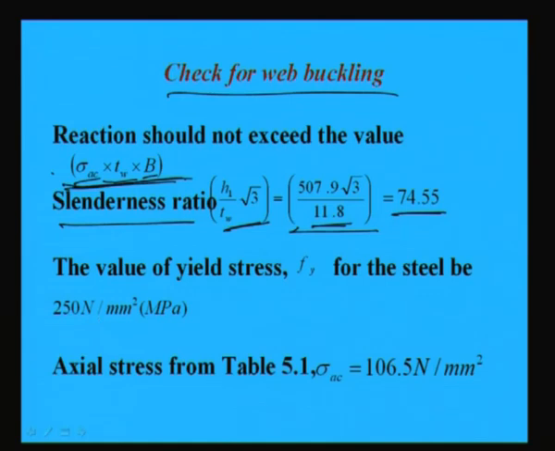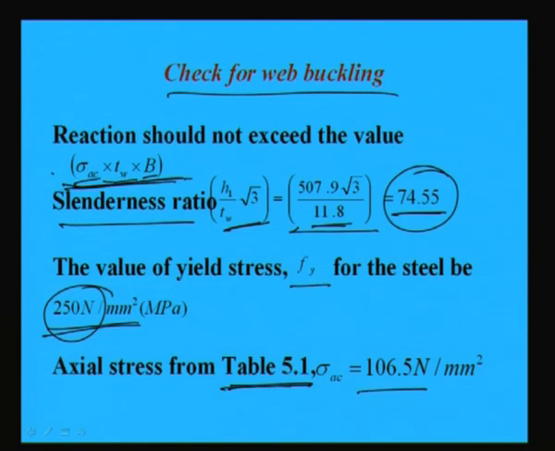The Fy value we know is 250. So from table 5.1 of IS 800 1984, corresponding to Fy and slenderness ratio, we can find the value of sigma AC, which is 106.5 Newton per millimeter square.